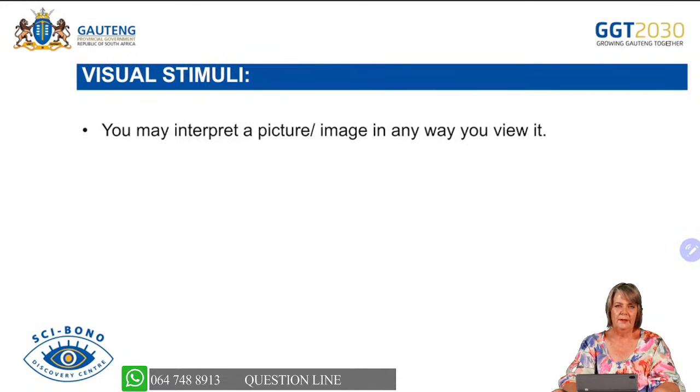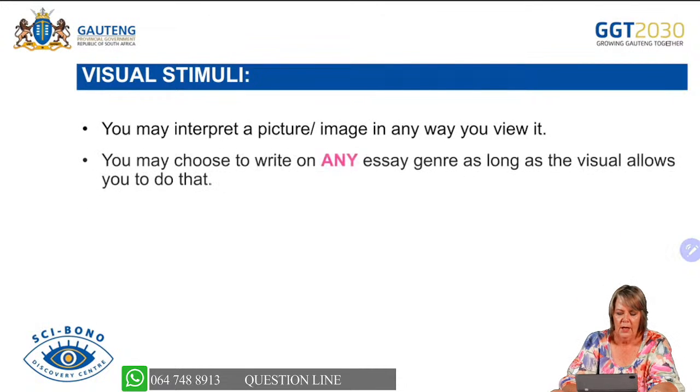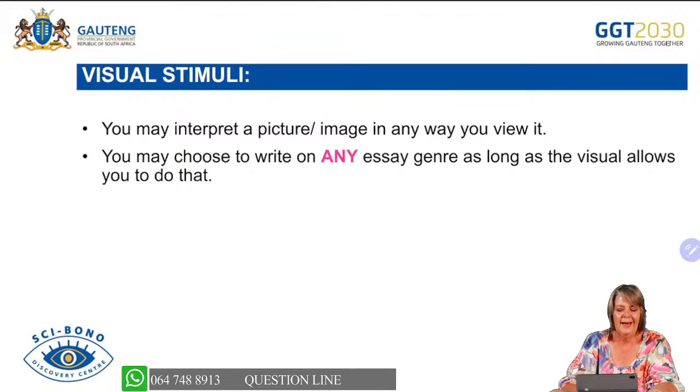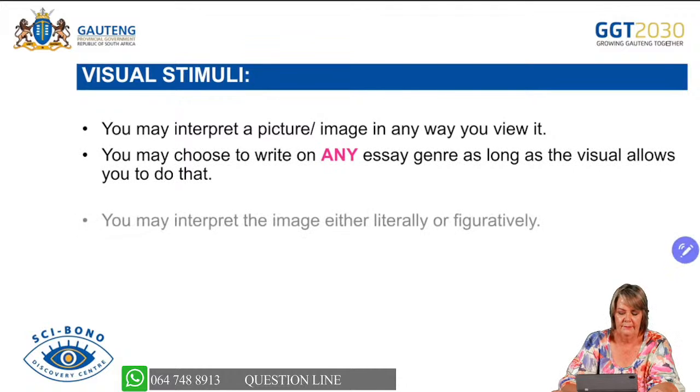Now, visual stimuli would refer to a picture that you may interpret in any way you view it. So you look at the picture, and what jumps out at you, you can focus on. You may choose to write on any essay genre as long as the visual allows you to do that.